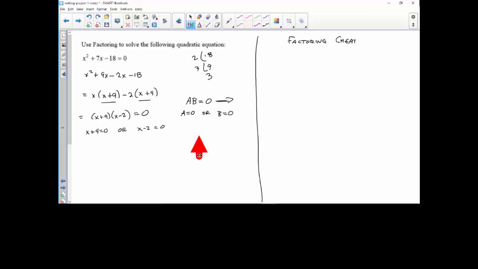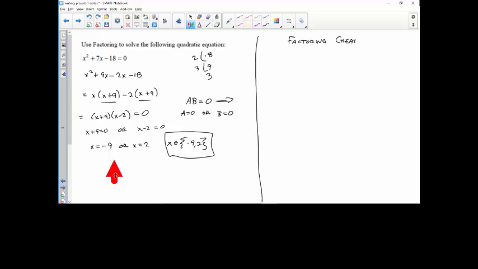And most students who've done their obligatory first 100 of these, they can go straight from the factored form and say, oh, yep, x has got to be negative 9. Oh, yeah, x has got to be a positive 2. And a nice way to write this, x belongs to the set minus 9, 2.